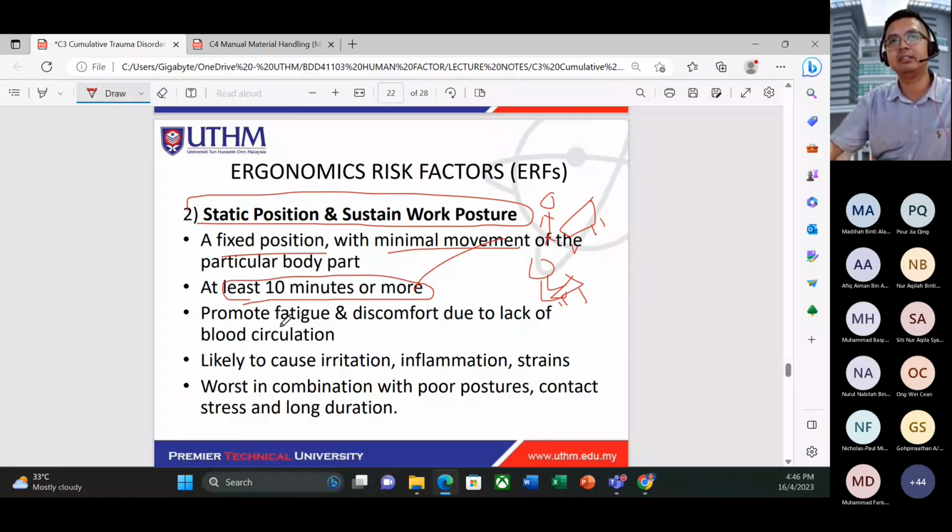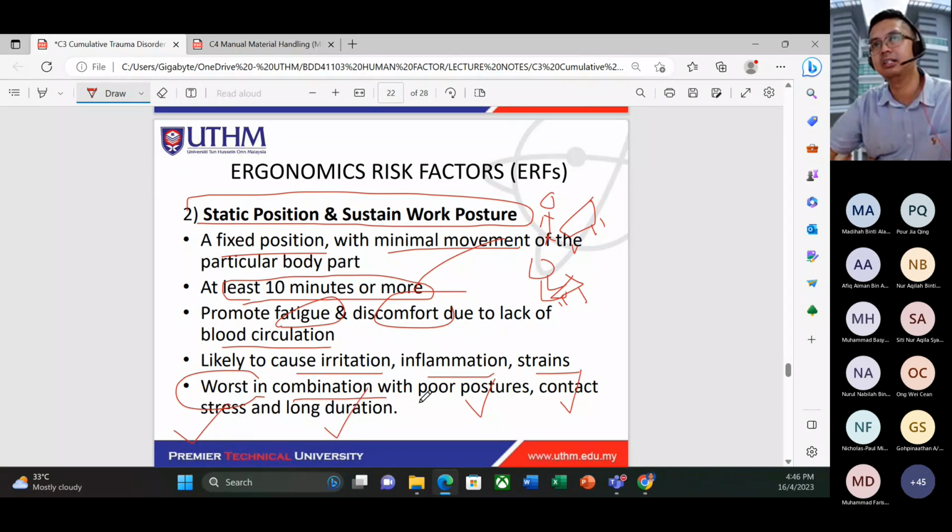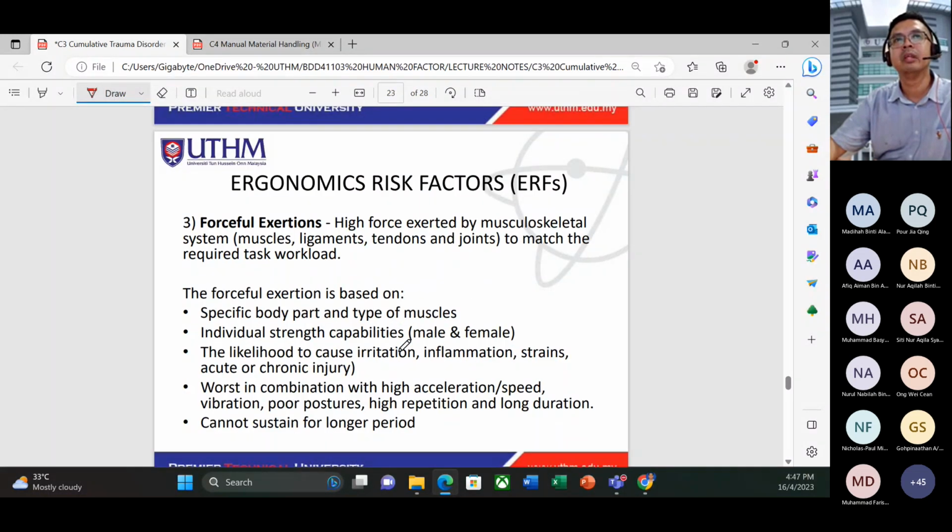It promotes fatigue and discomfort due to lack of blood circulation from sustained work posture. So it is likely to cause irritation, inflammation, and strain, and worse if combined with poor posture, contact stress, and long duration. This is what we call static position and sustained work posture.